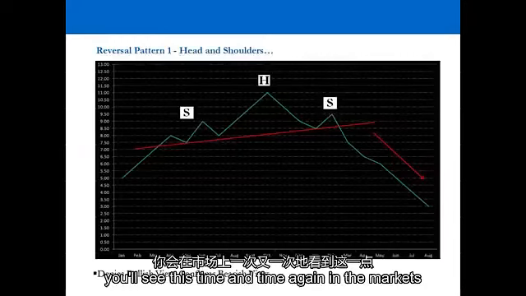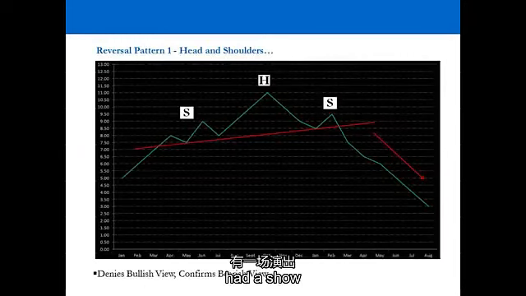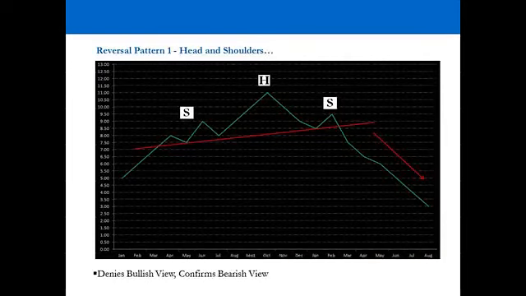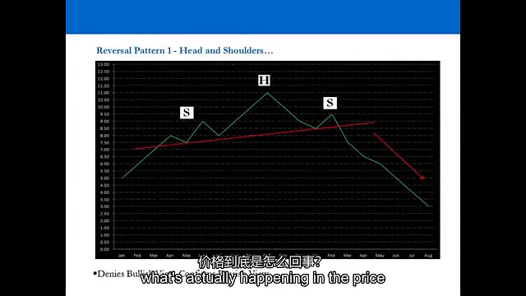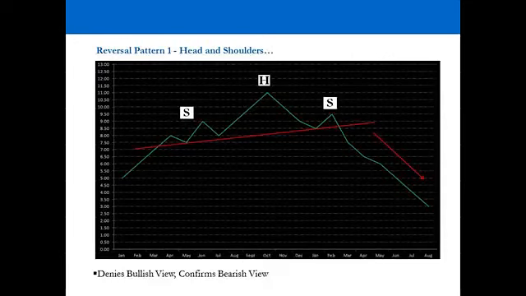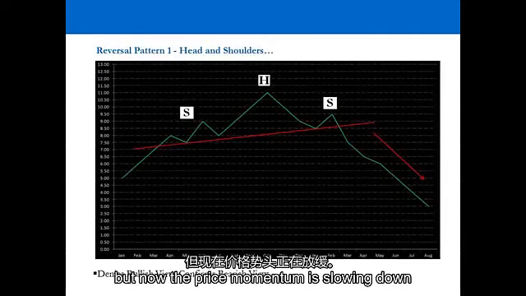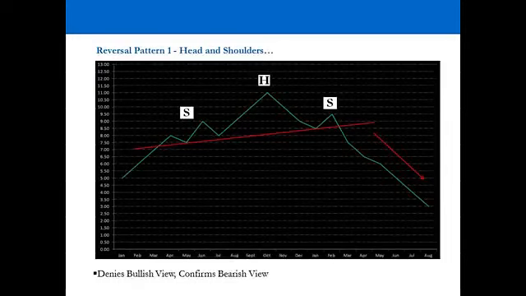You'll see this time and time again in the markets. Head and shoulders formations, where you've got a left shoulder, a head, and a right shoulder. What's actually happening in the price? Well, you've seen a bullish trend in the past, and you've had a blow off top, and now the price momentum is slowing down.